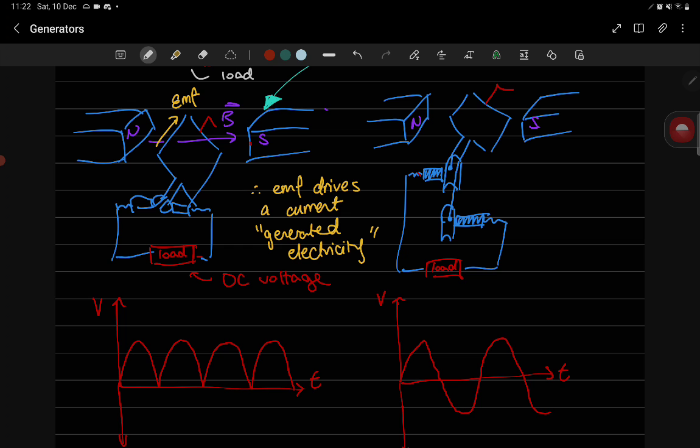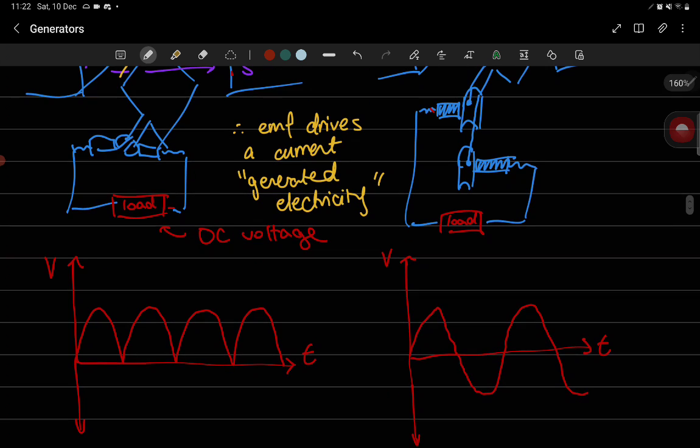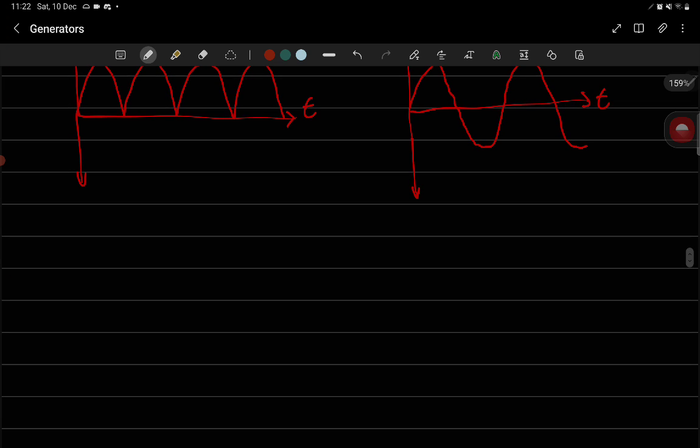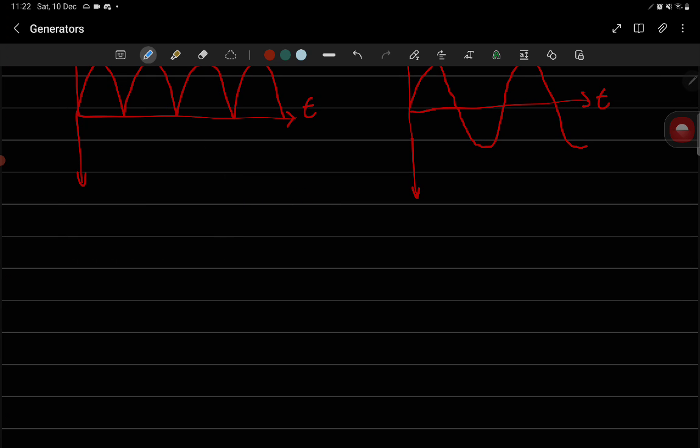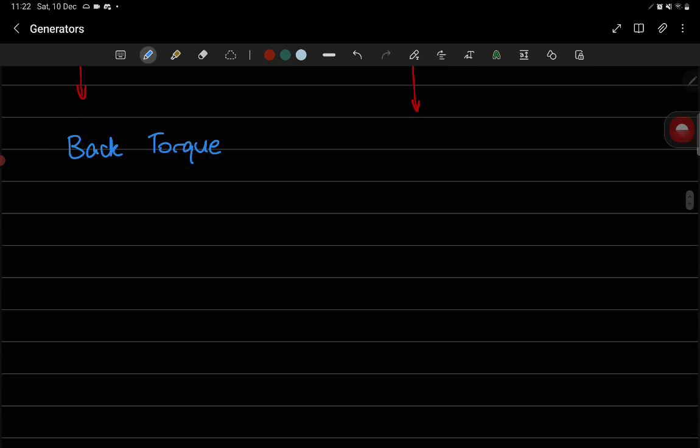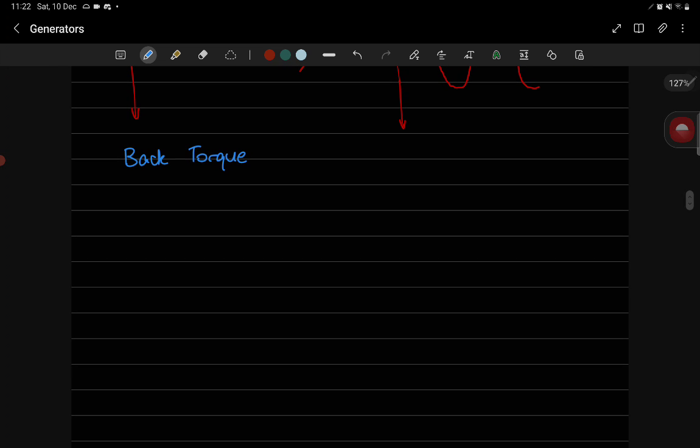Okay, so the next thing I want to talk about is something called back torque. So if you recall, in motors, there is something called back EMF, right? So the motor effect is what, and how about I talk about that first? So in motors, the motor effect is what drives the actual motor forward.